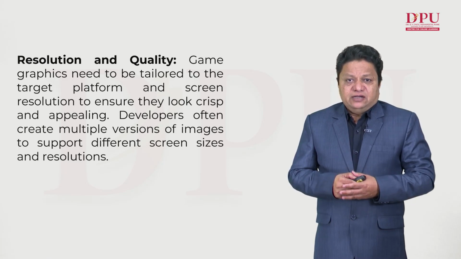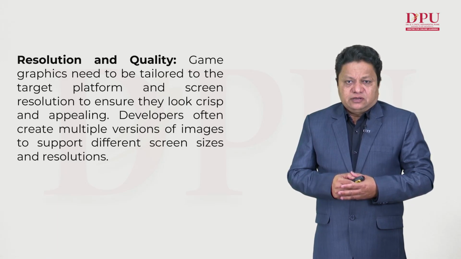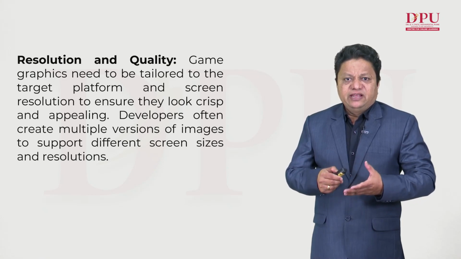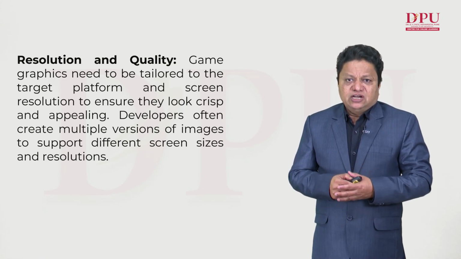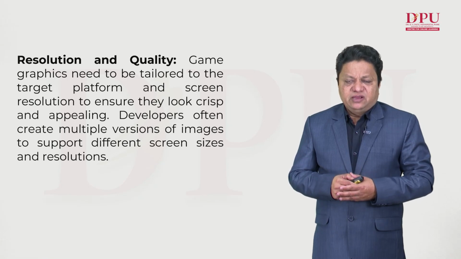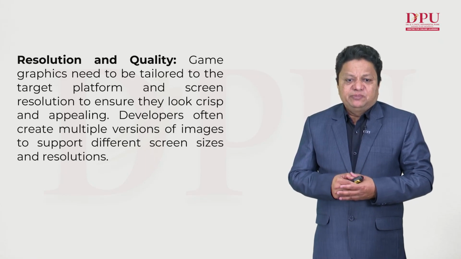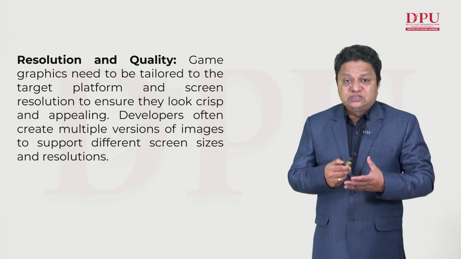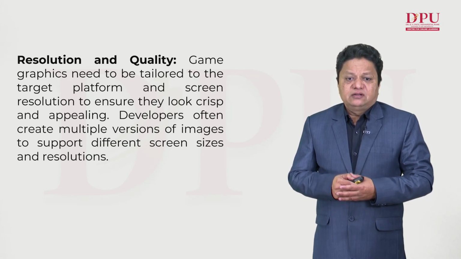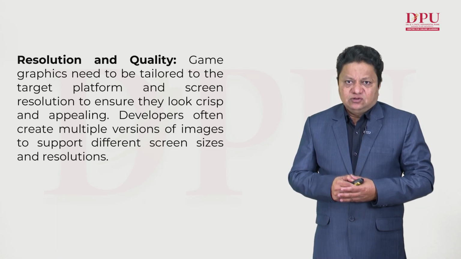So, when you are creating games, the resolution and quality of the images are very important, and that is why developers create multiple versions of the images to support different screen sizes and resolutions.